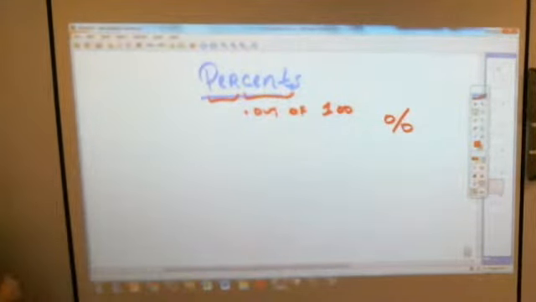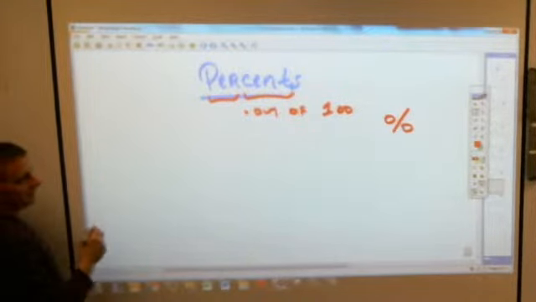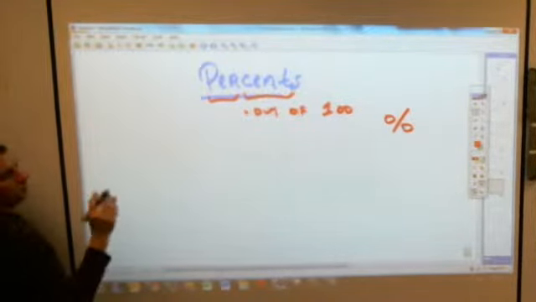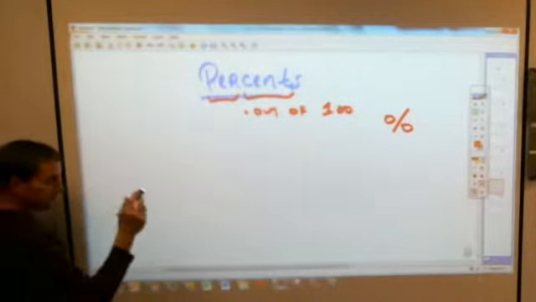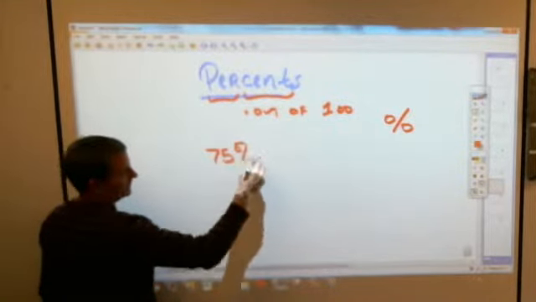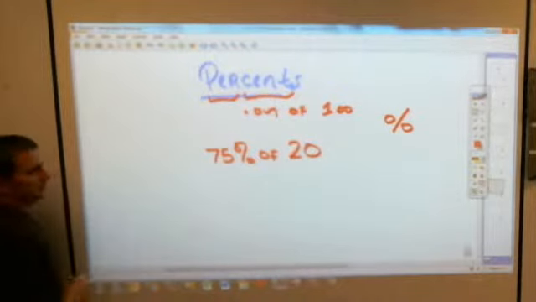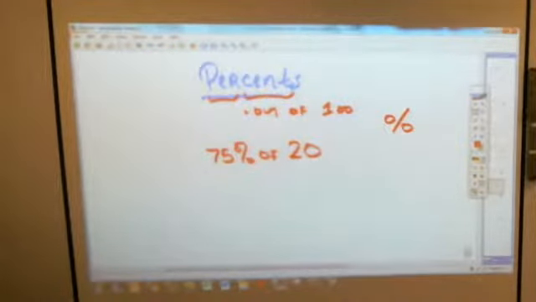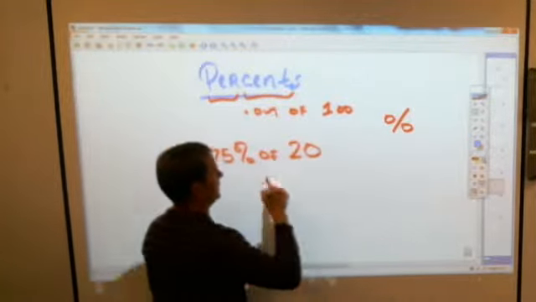Out of 100. You need to be able to interchange or change. We don't do math with percents. For example, if I asked you to find 75% of 20, we don't do mathematical operations with percents.